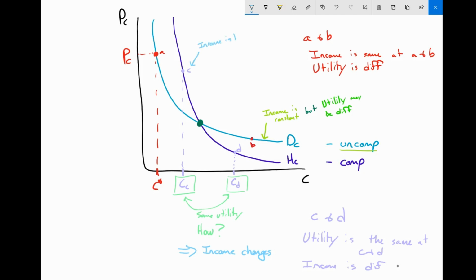Income is higher to compensate for the higher price. Okay. So this shows us the relationship between the uncompensated and the compensated demand curves.